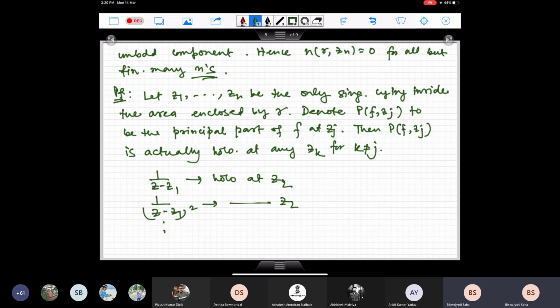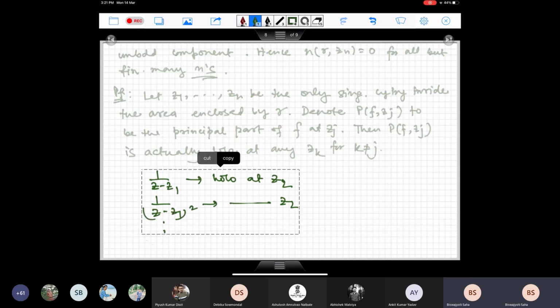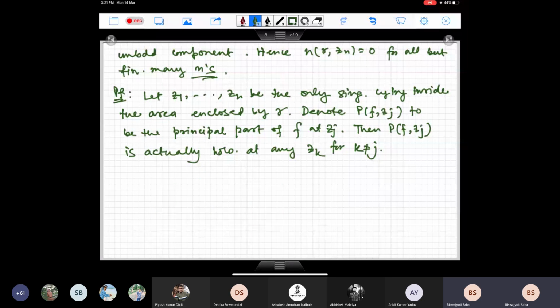So when I sum all of them, they are still going to be holomorphic at z2. So the point is that the principal part at z1 is not holomorphic at z1, but it is holomorphic at all other points, right? Is this clear to all of you?